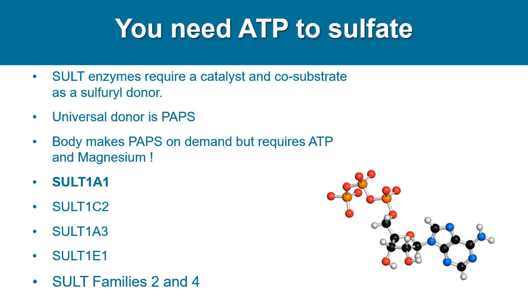Here's the thing: PAPS is made from sulfate, but making PAPS from sulfate is dependent on the availability of ATP, you guessed it. And we also do need magnesium, and I see widespread deficiencies of that. So if your energy processes are impaired, and we can identify that on a NutriVal or a hair tissue mineral analysis, you will have problems with this process.